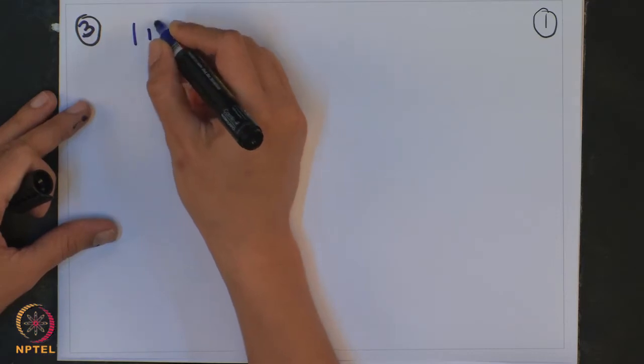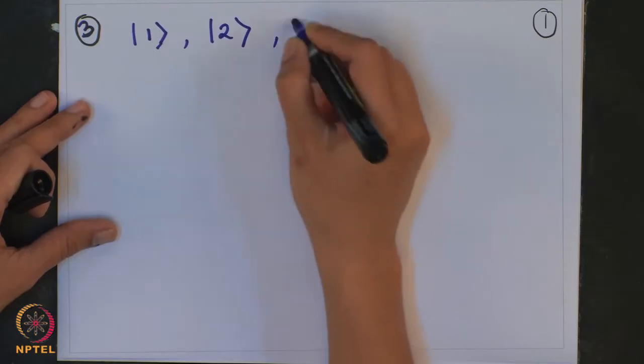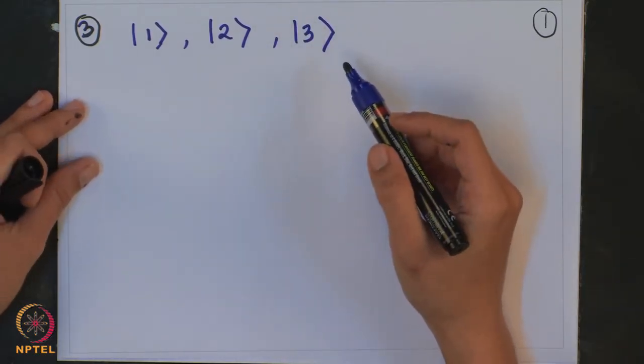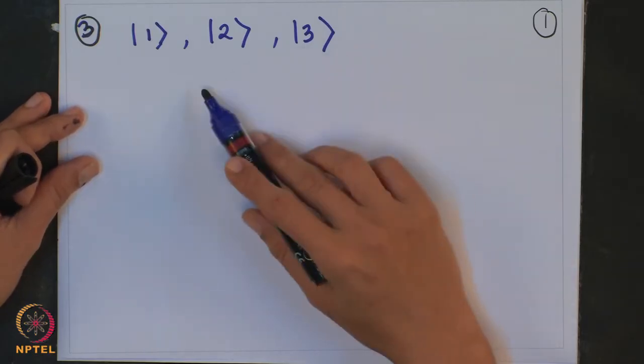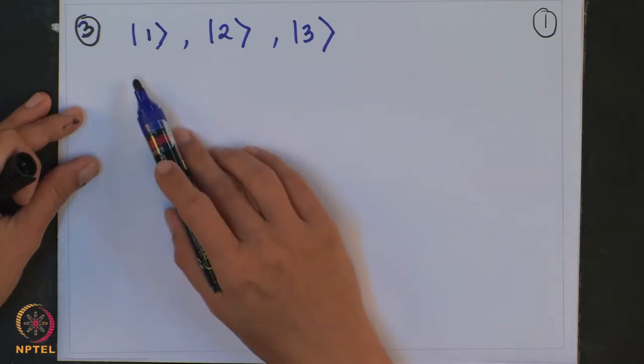Consider a 3-dimensional Ket space. In the question we have a 3-dimensional Ket space with Kets which are orthonormal.